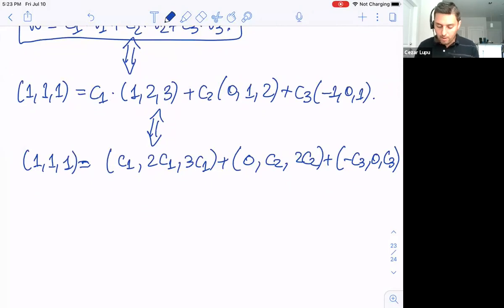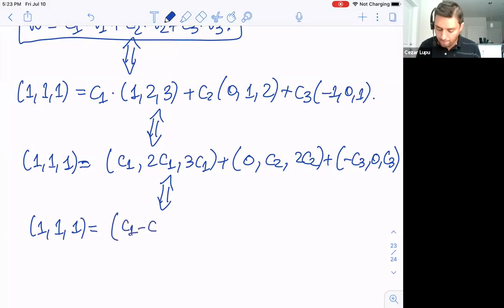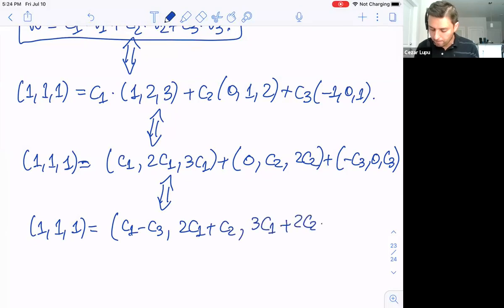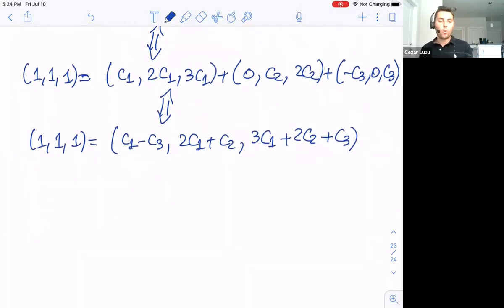Putting everything together right now, we will get the following. (1, 1, 1) is, and now let's add these vectors, (C1 minus C3, 2C1 plus C2, 3C1 plus 2C2 plus C3). Now we have two vectors which are equal, so we must equate the components, and this will give us the following system.